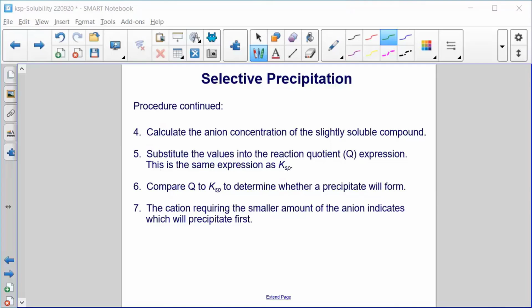Five, substitute the values into the reaction quotient expression. This is the same expression as Ksp. Six, compare Q to Ksp to determine whether a precipitate will form. Seven, the cation requiring the smaller amount of the anion indicates which will precipitate first.